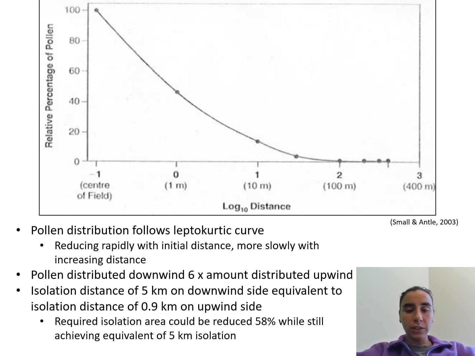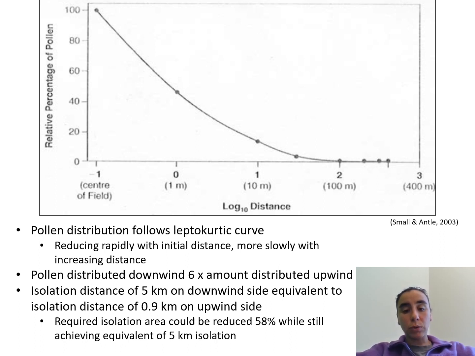What the researchers determined was that pollen was reduced greatly at first, but as we moved farther away, there was still pollen in the air. In particular, wind movement really impacted it. Pollen was distributed downwind 6 times more than it was distributed upwind, which makes sense.